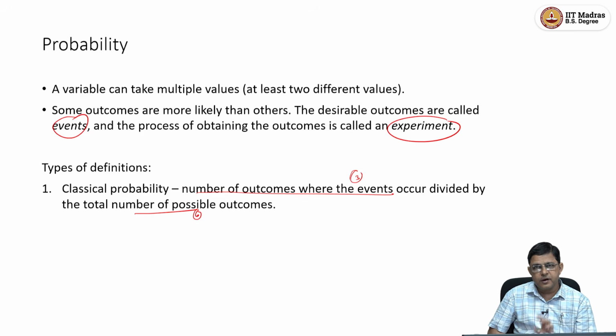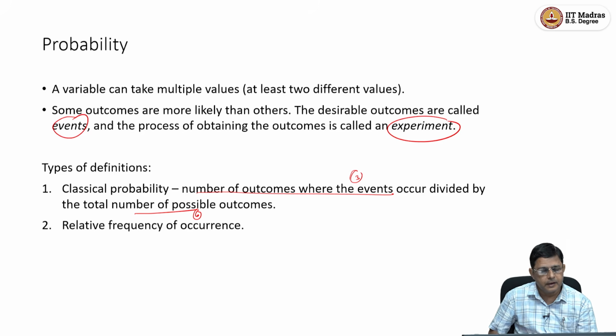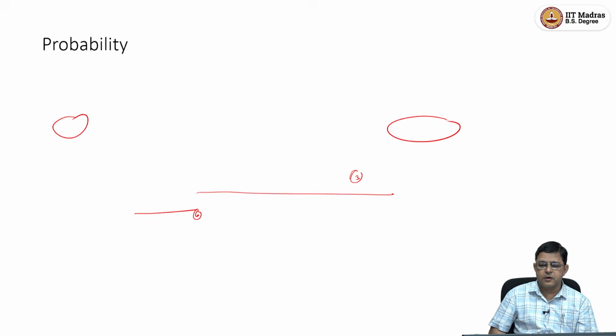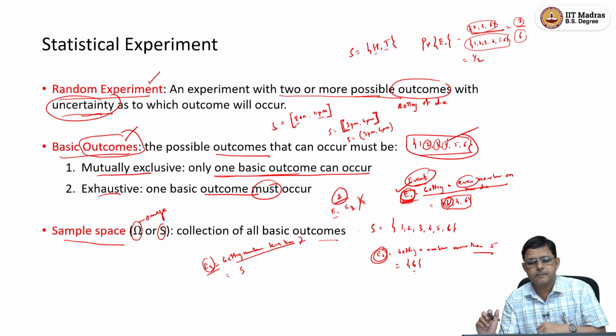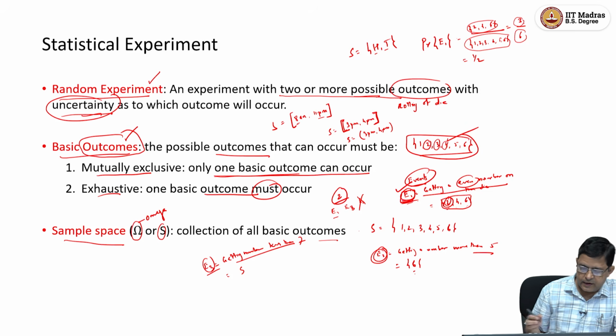What is the second definition of probability? The second definition of probability is more empirical: relative frequency of occurrence. Now for the same event, let us say that we conduct an experiment.